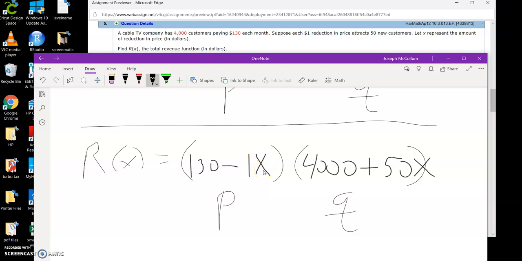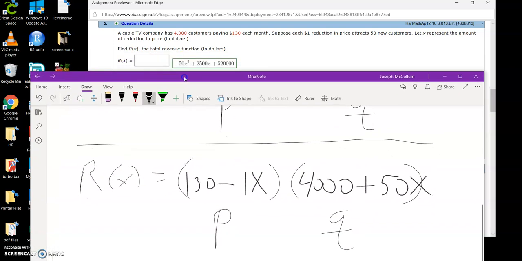X is the number of reductions. So X is 10 reductions. That'd be a $10 reduction. We'd be down to 120. But if X is the number of reductions, then we know per each reduction we earn 50 new customers. So a 10 reduction means we get 500 customers, and we're at 4,500 in customers, and then we can multiply to get revenue. So this is my revenue equation that I would put in that box where it says revenue.